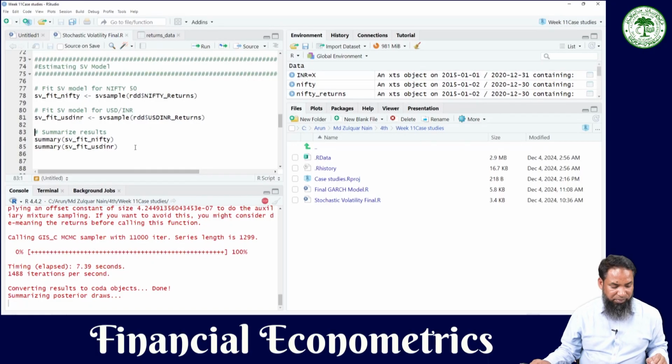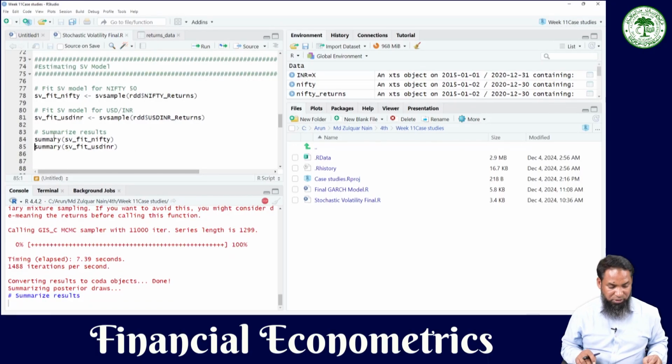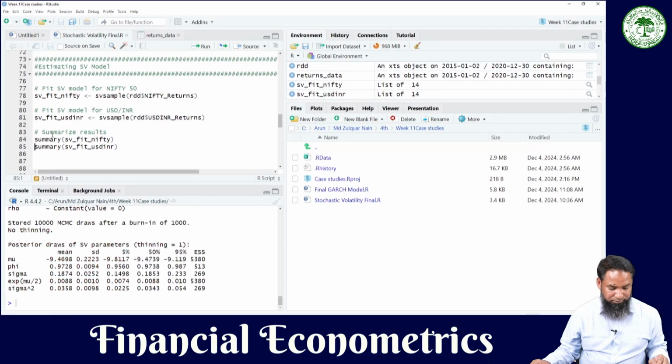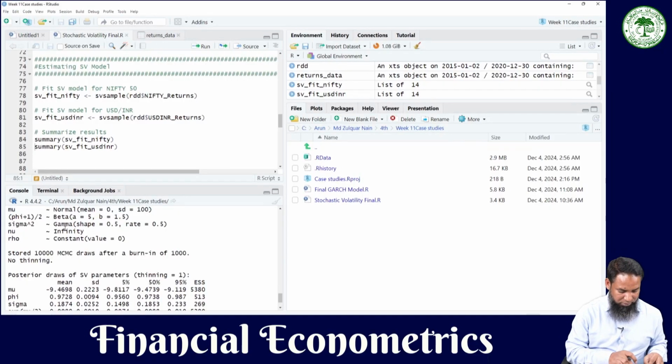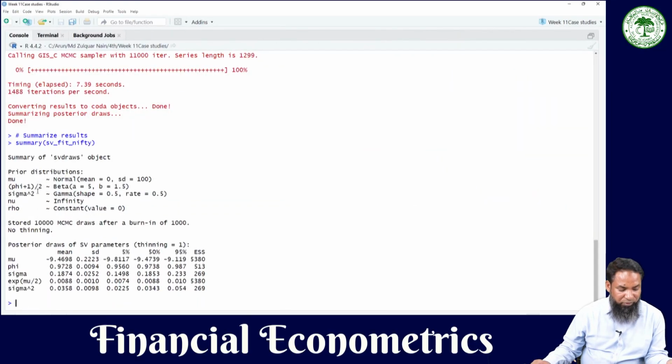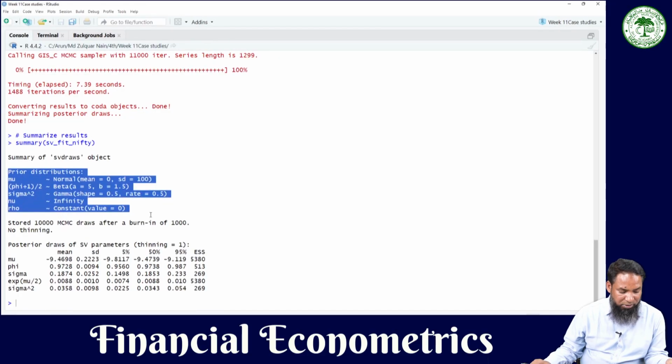So once we have estimated, now let us summarize those results here. So this is the summary of the results we have. These are the prior distributions we have, and here are the posterior estimations.